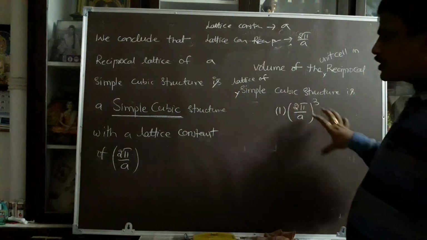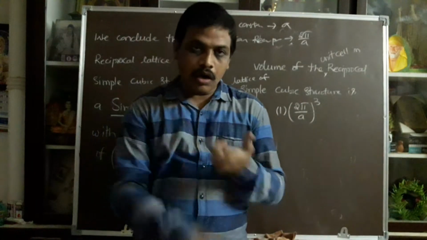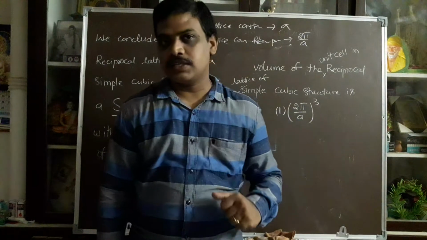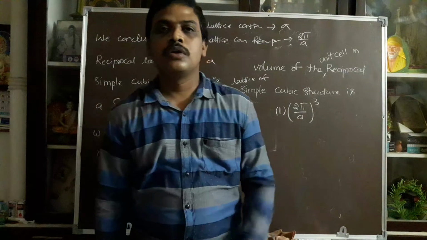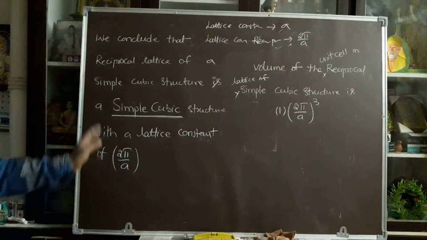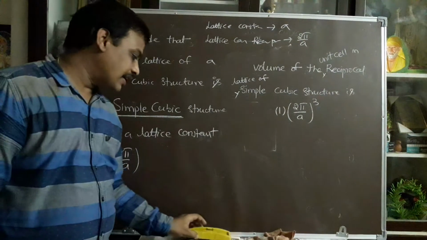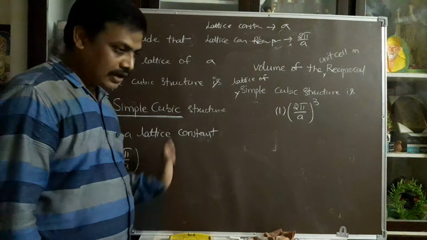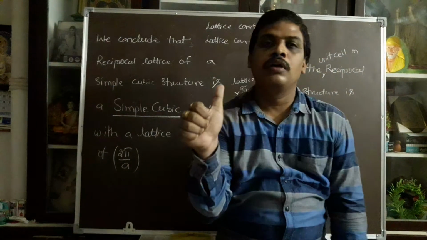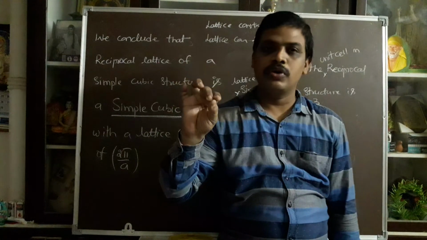In this fashion you can deduce the body centered cubic structure and also the face centered cubic structure. These two structures are in our syllabus. So this is the basic derivation. You get the reciprocal lattice of the different structures. How do they get the result? First we assume one structure, either simple cubic, face centered or body centered.